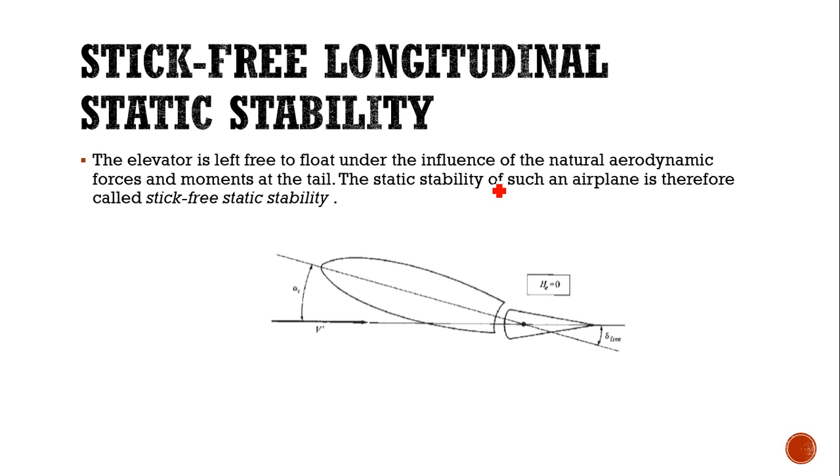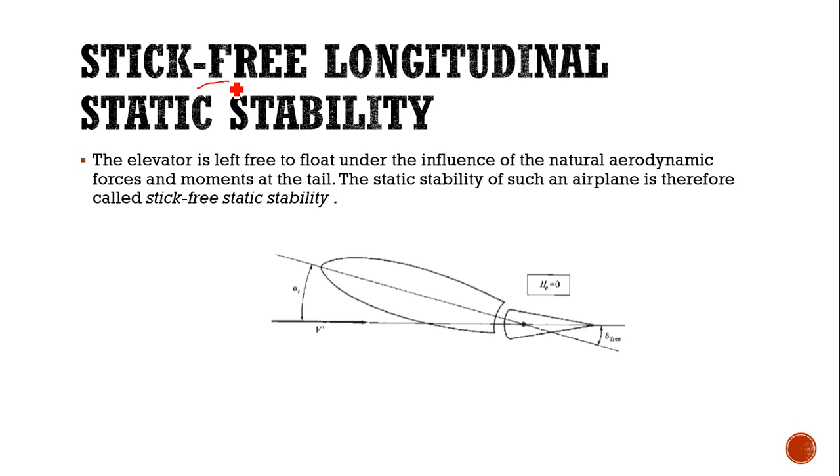So next thing is the stick free longitudinal static stability. If the elevator is allowed to float free because of the influence of the natural aerodynamic forces and moments of the tail, then that type of stability is called stick free static stability. So there are two types of stability. One is stick fixed static stability. That means the stick is fixed at some position to stabilise the aircraft.